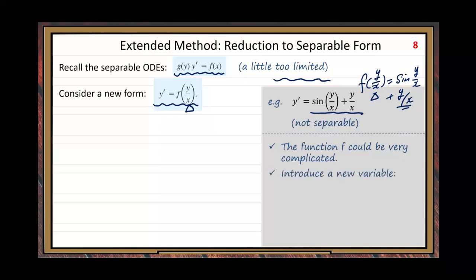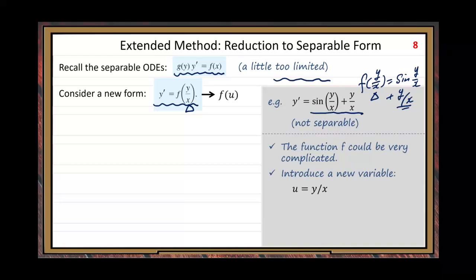To solve a question with this structure, we need to introduce a new variable u. We make this new variable u equal y over x. Here you can get the main idea. In this way, we make everything inside the parenthesis one single variable.